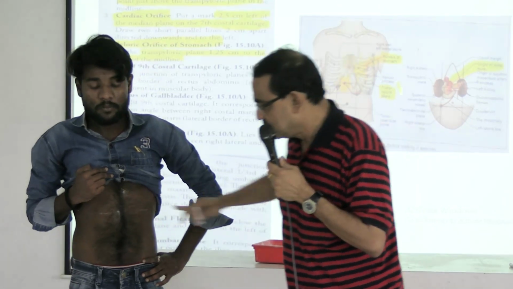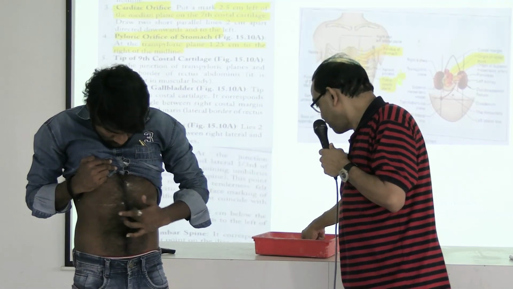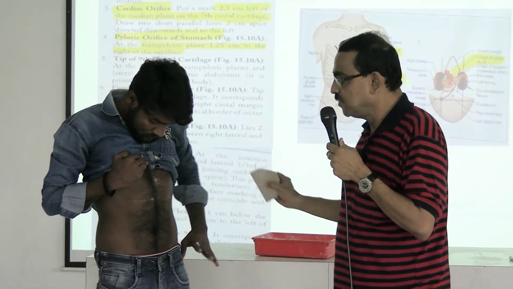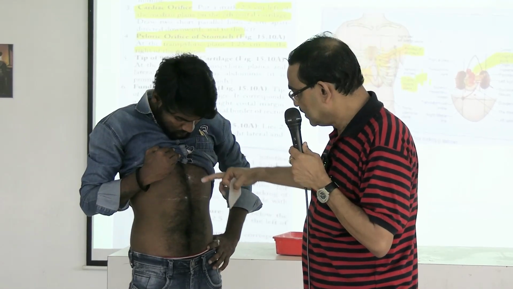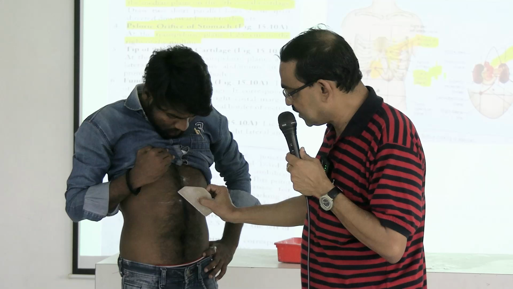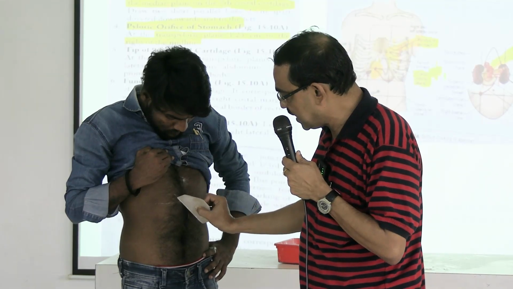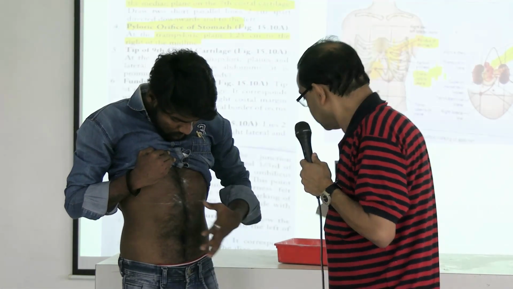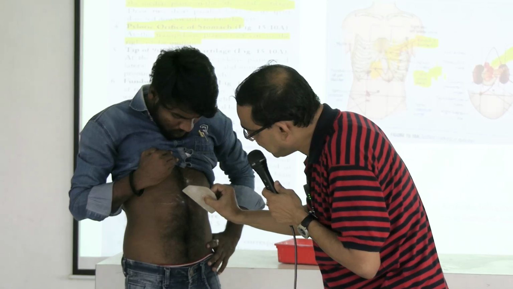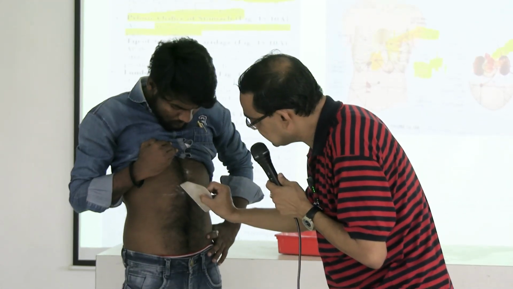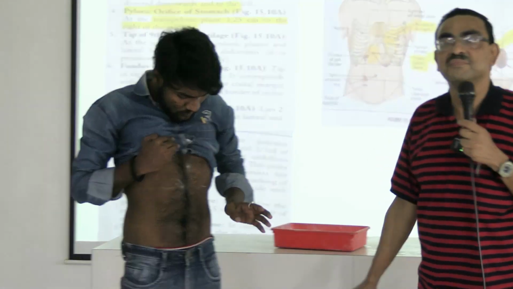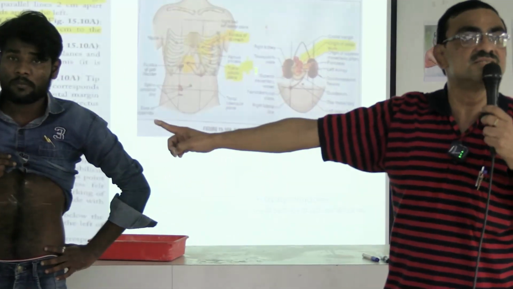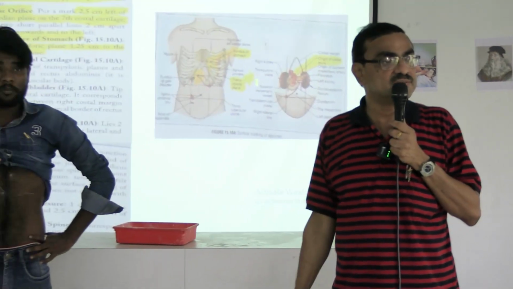Okay. And how will we draw it? Again we can make 2 parallel lines around it. So that is the pyloric orifice.